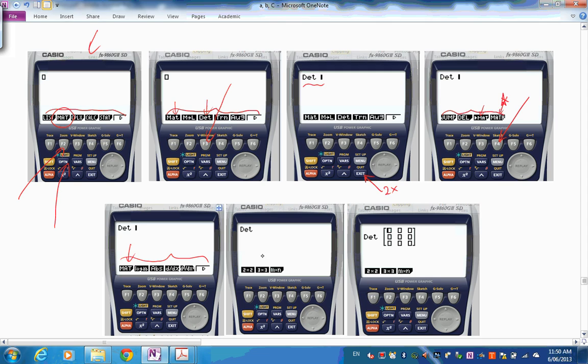We'll choose a 3 by 3. In here, 3 by 3. And we have that determinant of a 3 by 3 which we can now enter our values into. So you might have a look at that on your calculator. All right, and you can play with that.